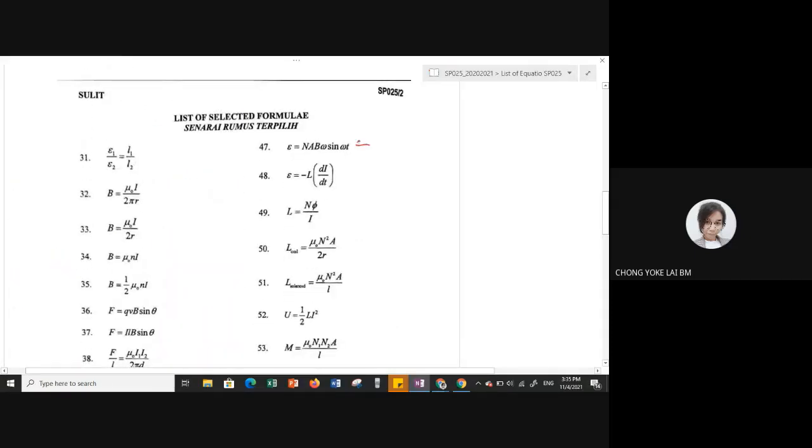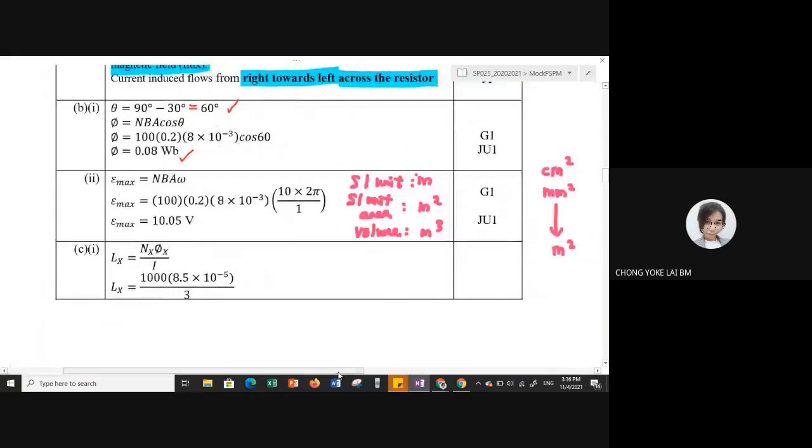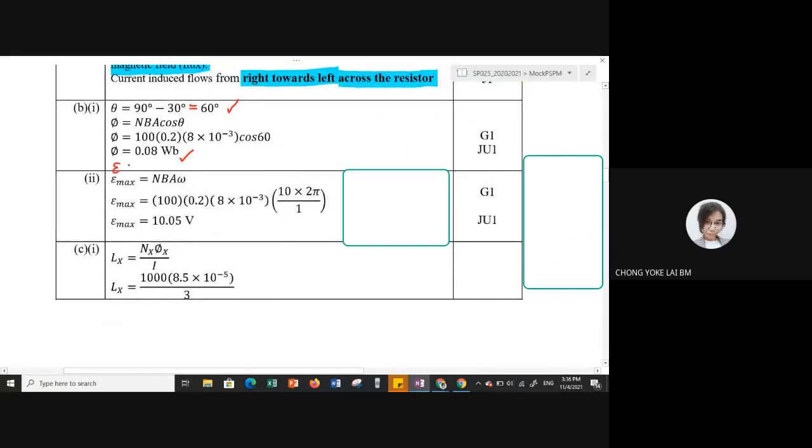This one untuk rotating coil. Equation 47. So kita akan guna EMF sama dengan NBA omega sin omega t.